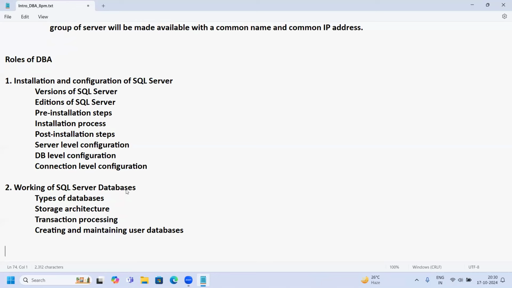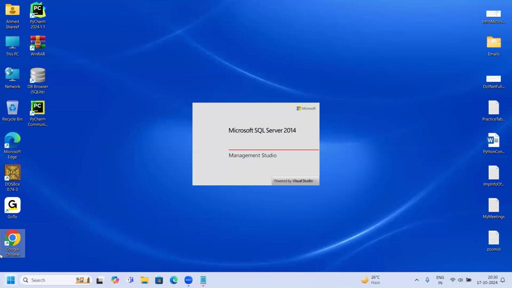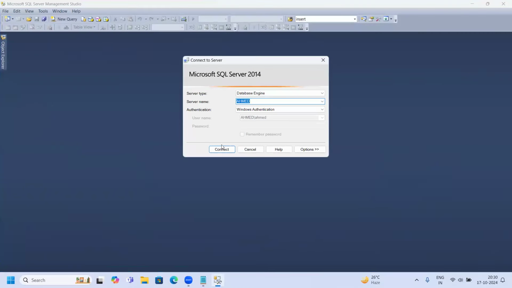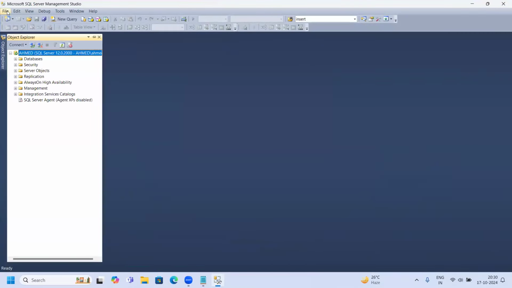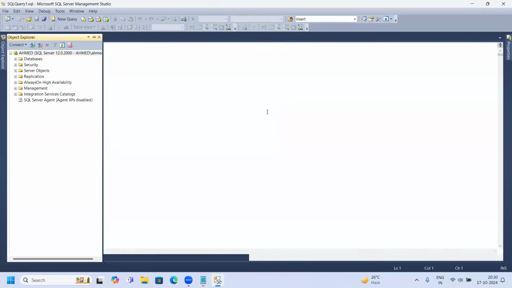Creation and maintenance, both, of user databases. How to create, how to alter, how to drop, and what are the other rules that are there, types of databases. These all things. Actually, this part I have also discussed in that batch which I'm taking for SQL or DBA. In that batch, I show them with querying process as well.